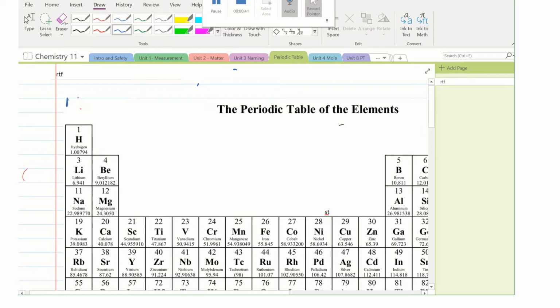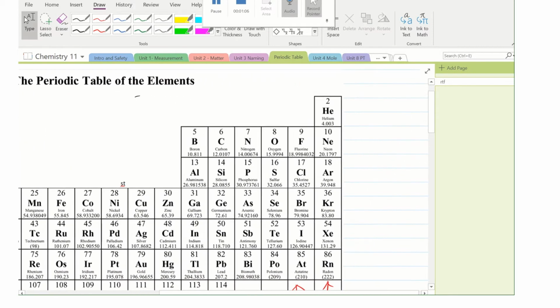That's the reason why they like to form a positive one charge, because they like to lose that valence electron so that they will have a complete shell.